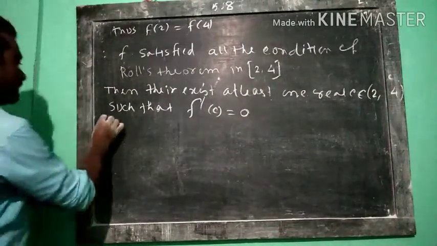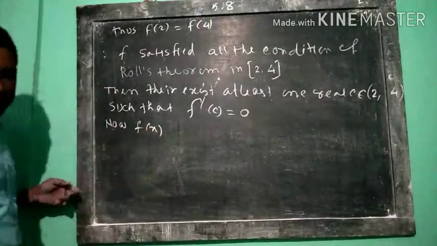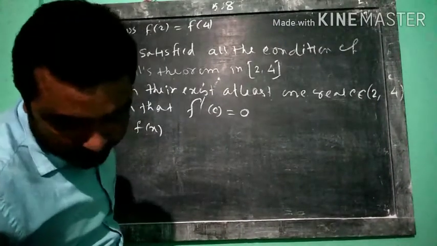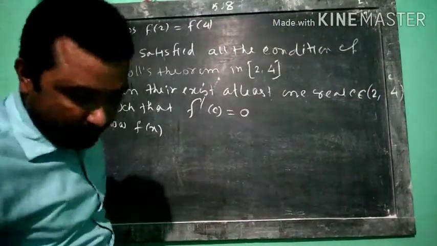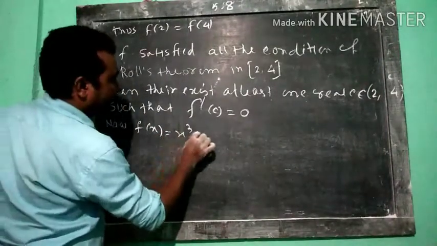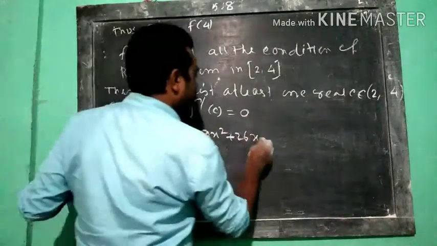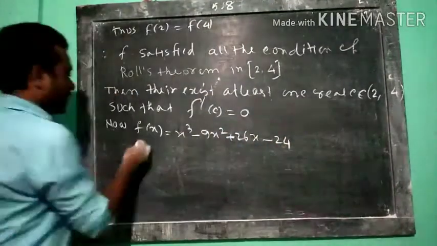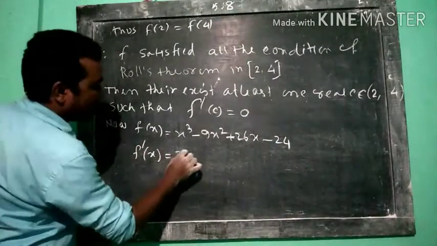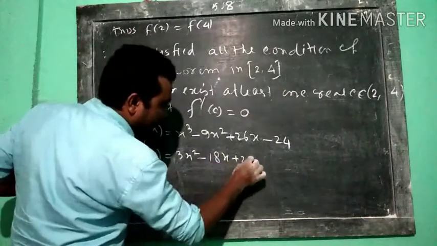Now, f of x is equal to x cube minus 9x square plus 26x minus 24. If we differentiate this, then f'(x) is equal to 3x square minus 18x plus 26.